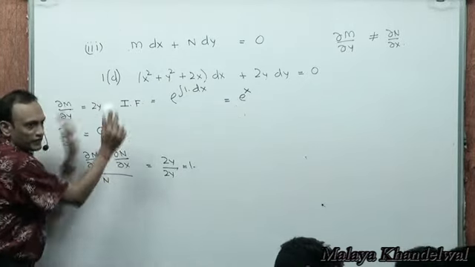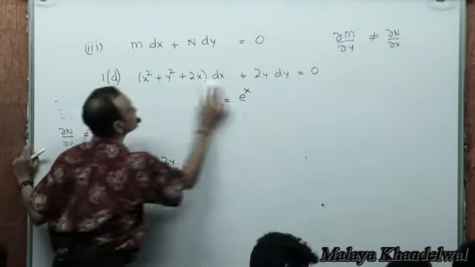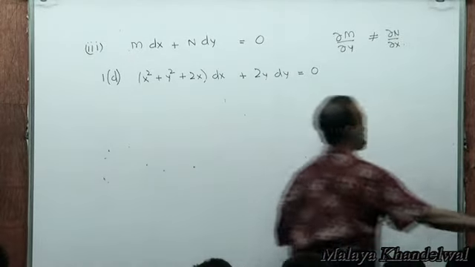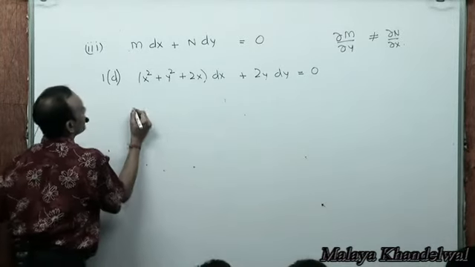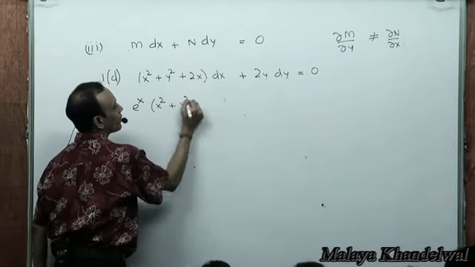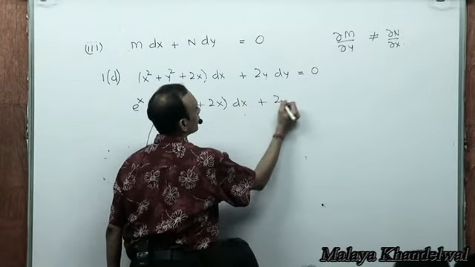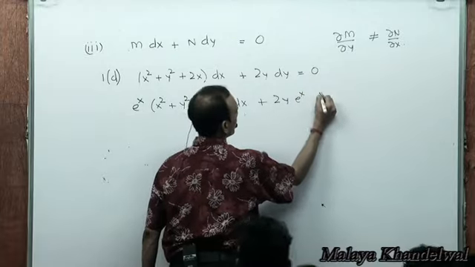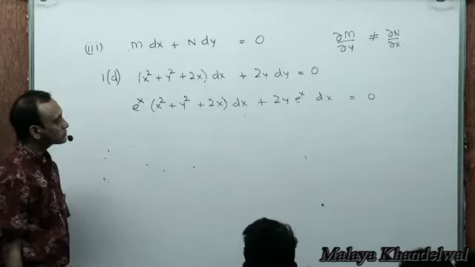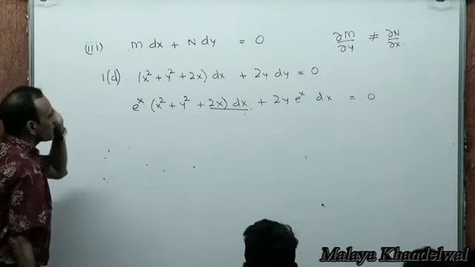Can I remove the clutter and work through the differential equation now? So let me multiply it throughout with e power x. Now again, this is an alright kind of a term.